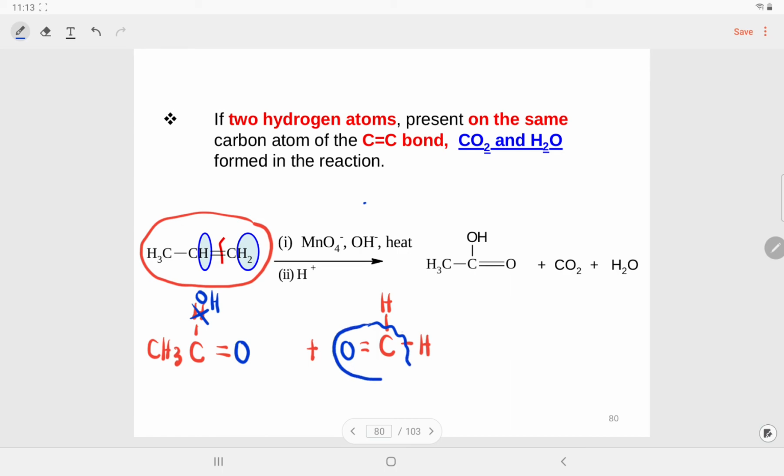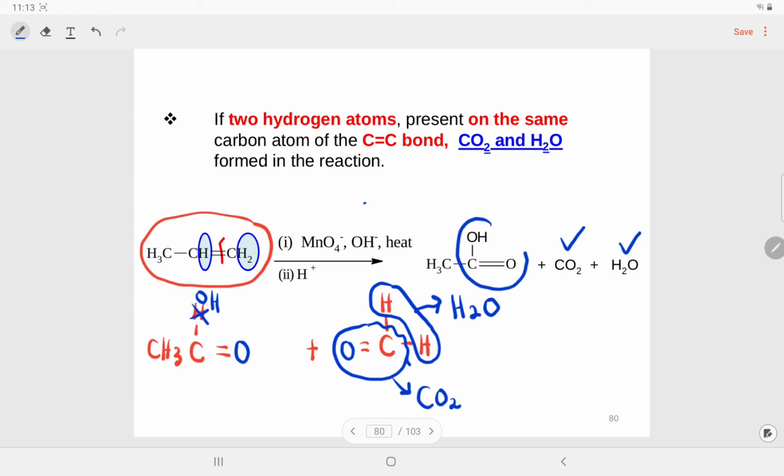So this part will undergo oxidation again, and it can produce CO2, carbon dioxide, and the 2 hydrogens undergo oxidation and can produce H2O. So this is why your products are water, carbon dioxide, and a carboxyl group.